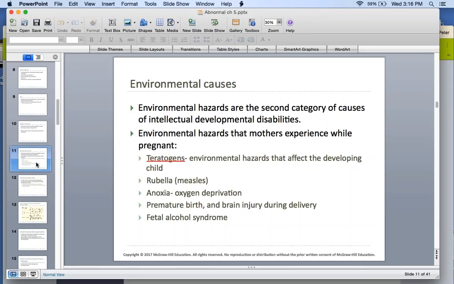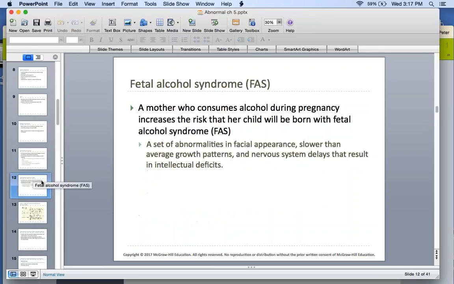If there's oxygen deprivation to the fetus during birth or while in the womb, premature birth or brain injury during delivery, and then fetal alcohol syndrome, which we are going to talk about here.